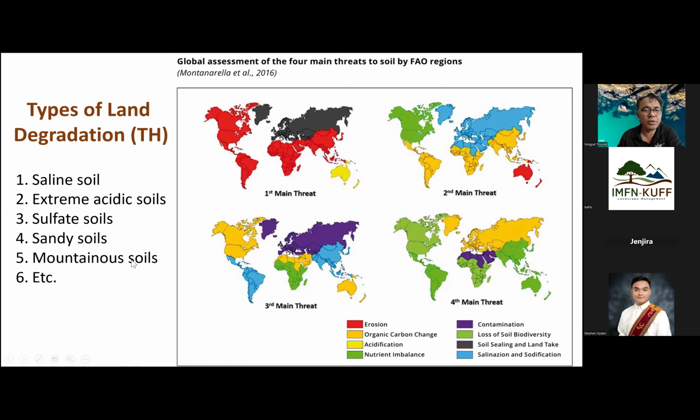And the mountainous area used to be covered by forest but has been converted to agriculture, so the productivity is very low.